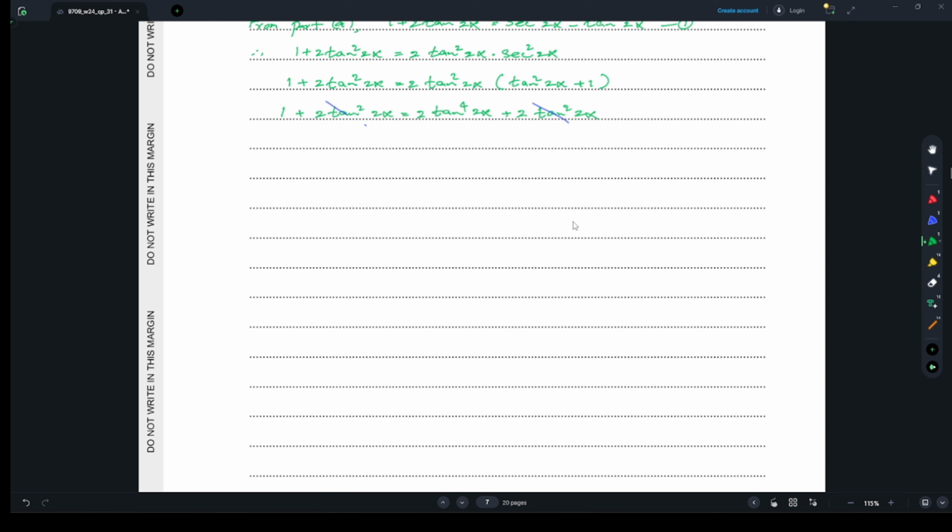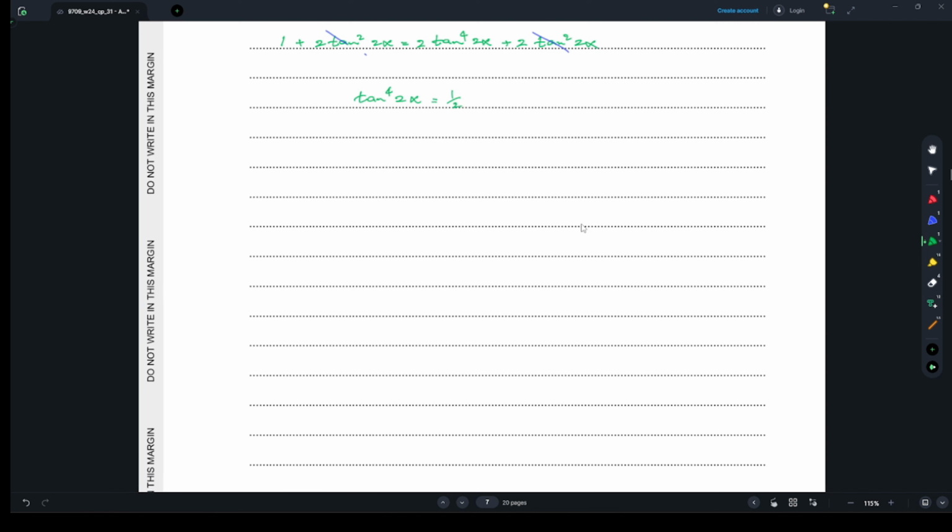From this one we have 1 equals 2 tan to the power 4 2 alpha. So that means I can write tan to the power 4 2 alpha equals a half.